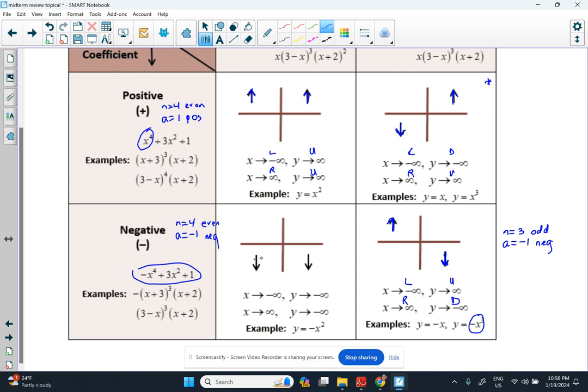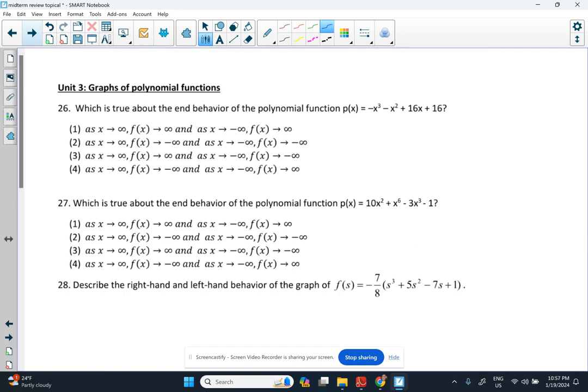Because it's even, they're both going in the same direction, and we know they're both going down because of the negative. So as x approaches negative infinity, as you go to the left, y is going to negative infinity. In other words, you're going down. As x approaches positive infinity, as you go to the right, y approaches negative infinity. You're going down. So that's a summary of the four cases.